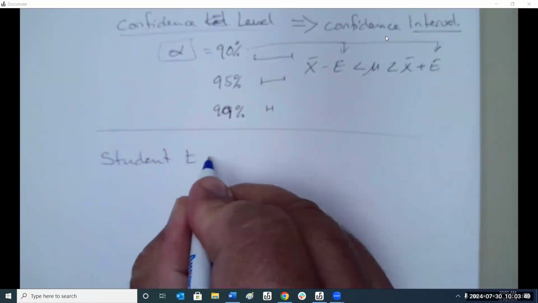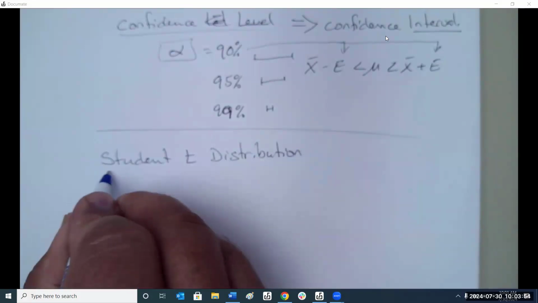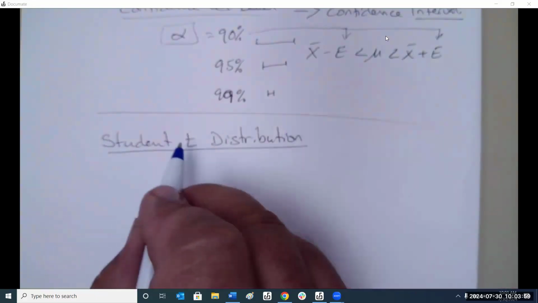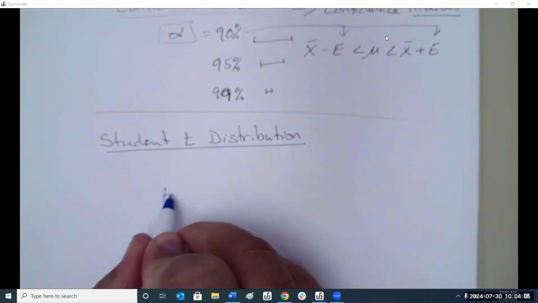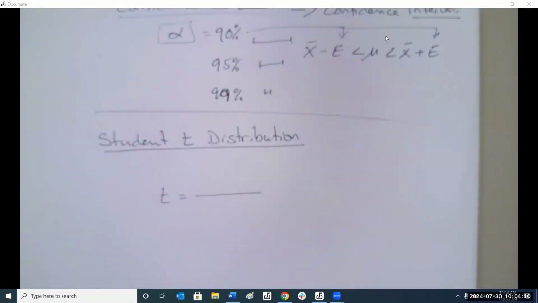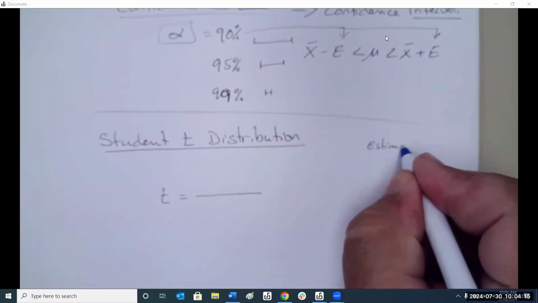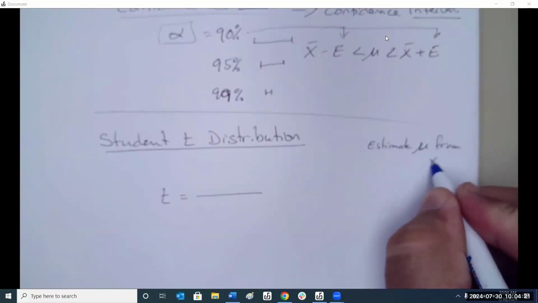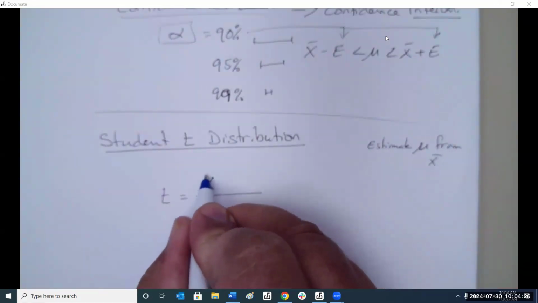The student T distribution, or just the T distribution, has this formula. Because remember, the whole purpose in this section is that we're estimating the population mean from the sample mean. So our numerator will take those into account.